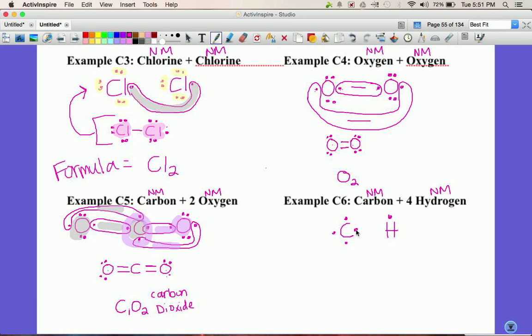So that means carbon needs to make 4 pairs. Hydrogen can only make 1, so we're going to pair up these 2. And now since carbon and hydrogen have already bonded, we need 3 more hydrogens to pair up with the extra bonding electrons of carbon.